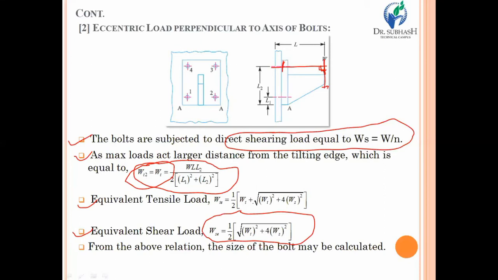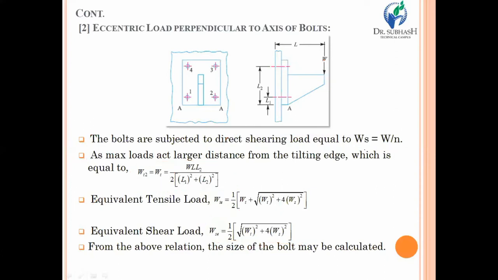From both of the above relations, you can calculate the size of the bolt, that means the core diameter of the bolt. What you should do first is calculate WS, then calculate WT2, summing up, so it will give the total load on the heavily loaded bolt, and that load should be equated with either the equivalent tensile load or the equivalent shear load.